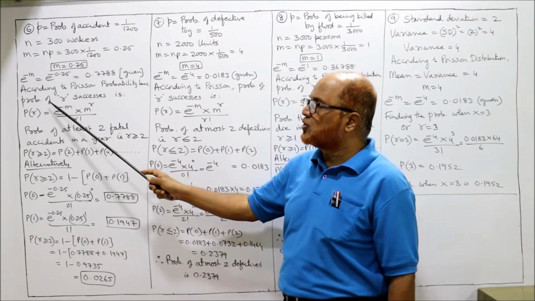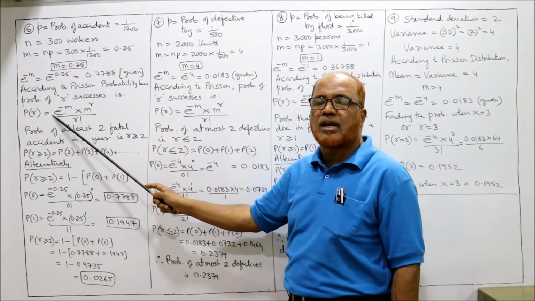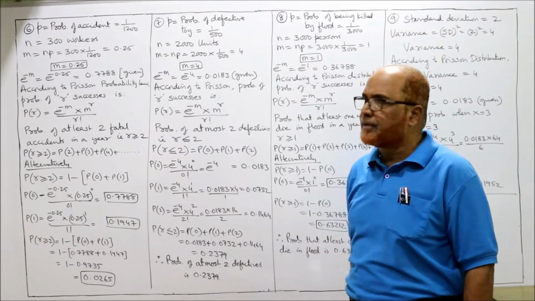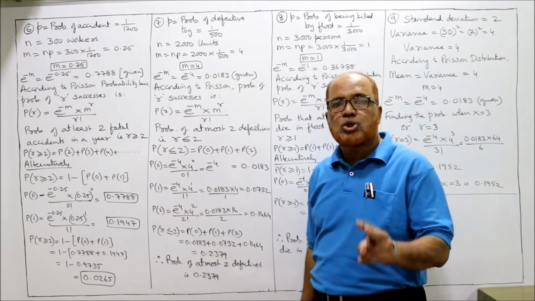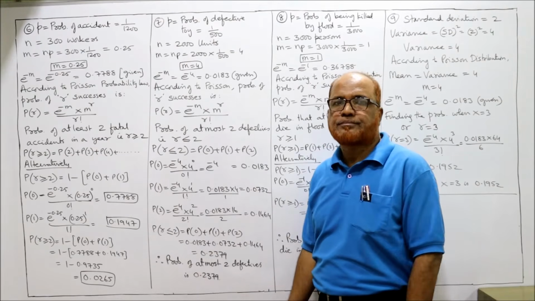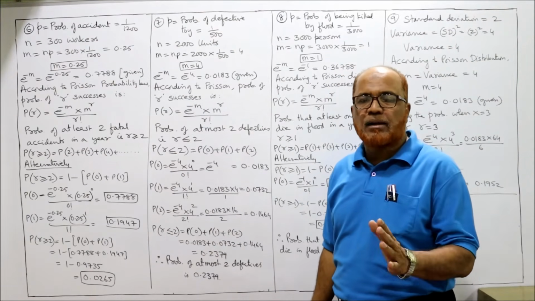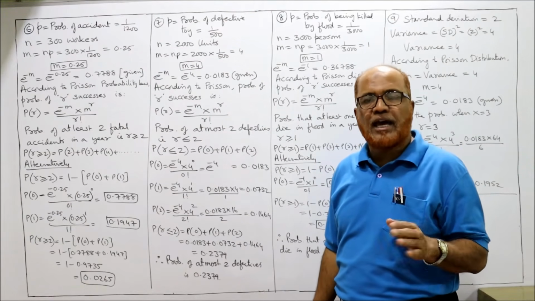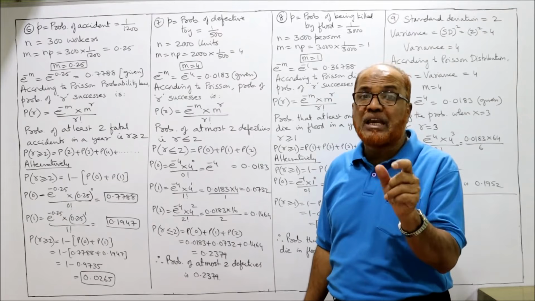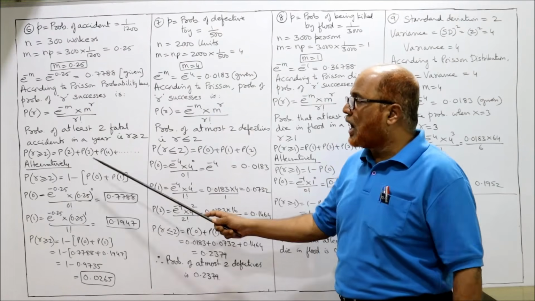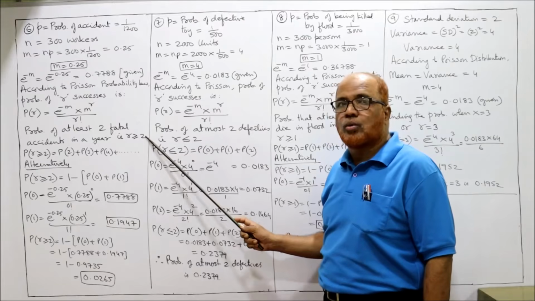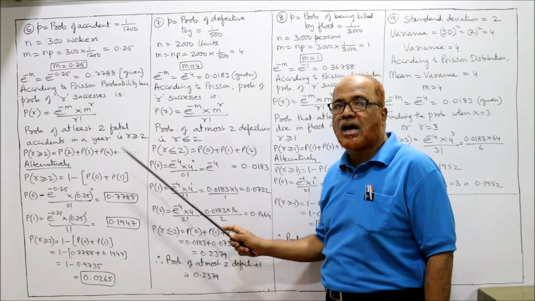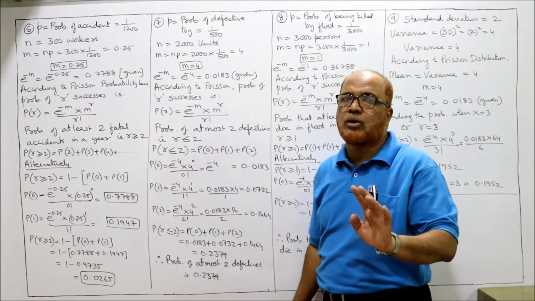Now according to Poisson distribution law, the probability of r successes is P of r equals e to the power of minus m into m to the power of r by r factorial, as usual. Now the probability of at least 2 fatal accidents in a year means any number of accidents may take place, but the minimum number of accidents is 2. So r is greater than or equal to 2.